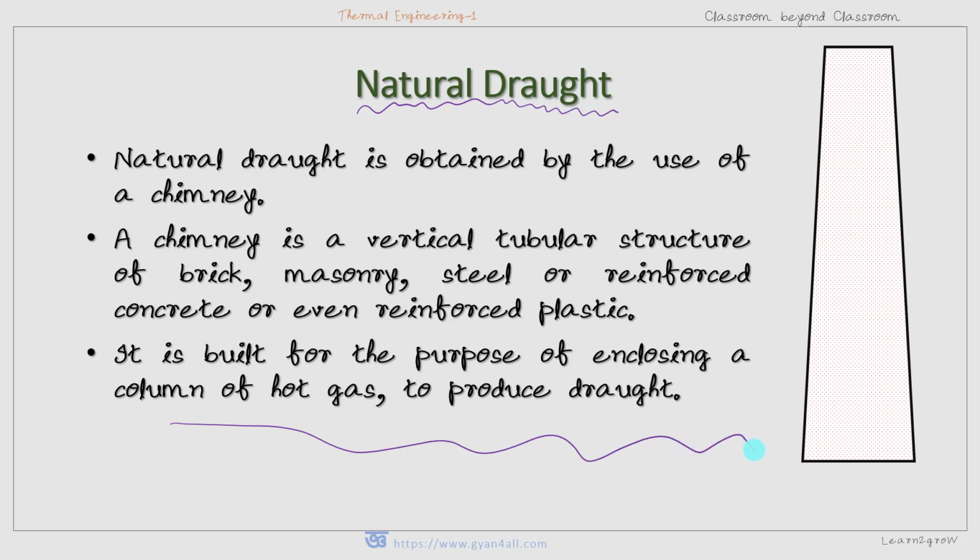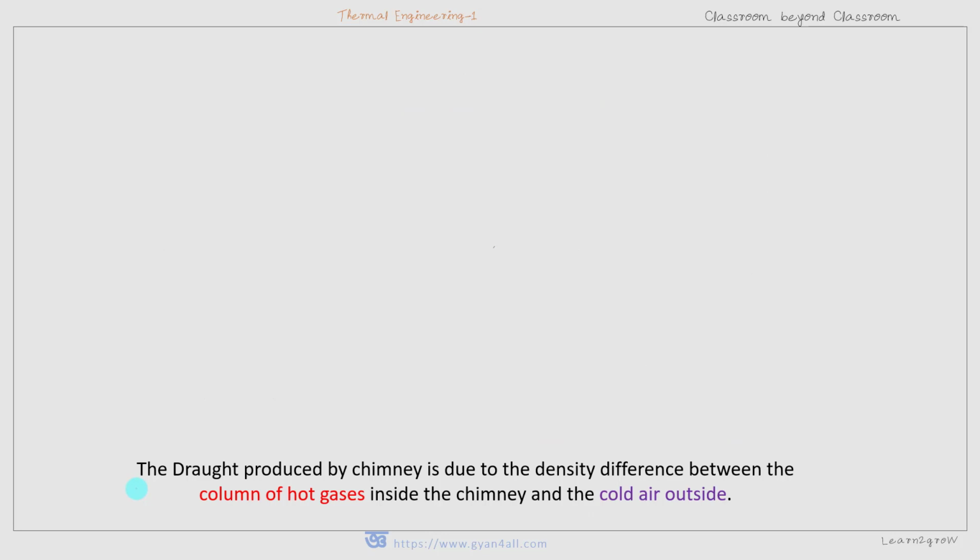So the hot gas of combustion passes from the combustion chamber through the chimney and is discharged to the atmosphere. The draught by chimney is due to the difference in densities between the column of hot gases inside the chimney and the cold air outside.